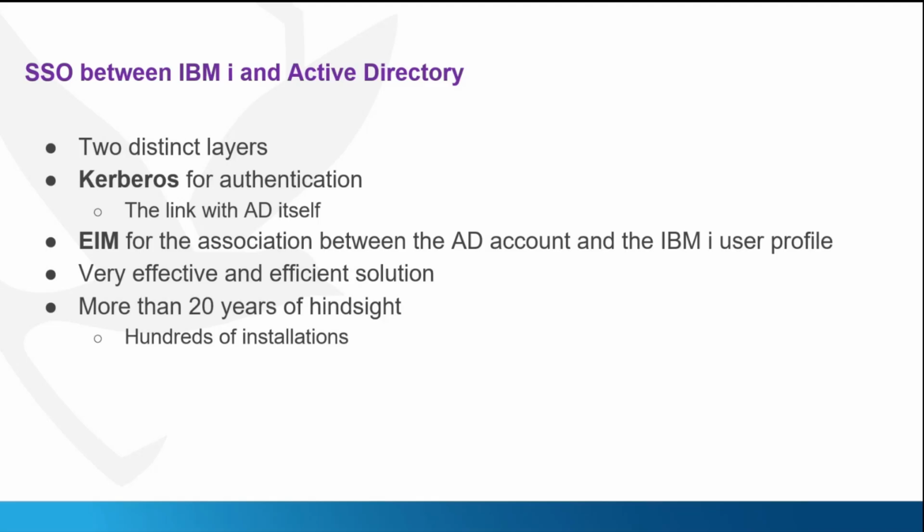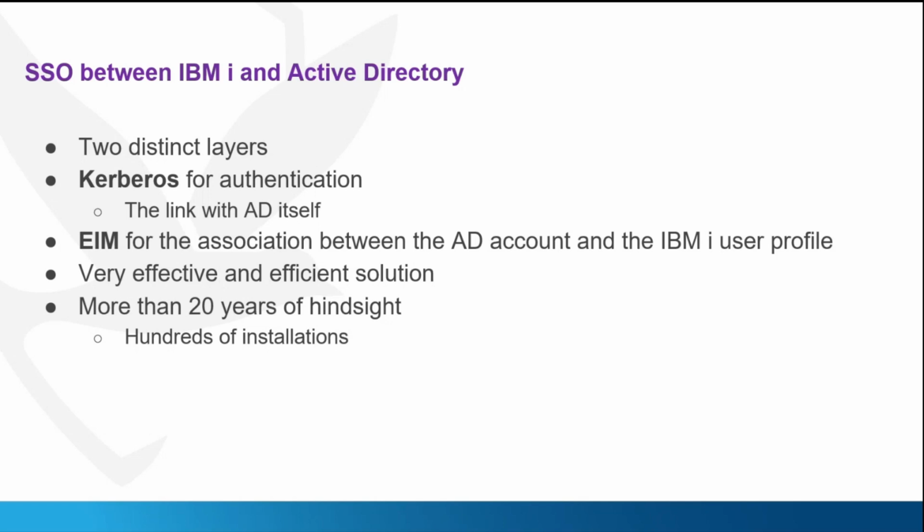There are 2 layers for single sign-on to work on the IBM i. We are going to use the Kerberos authentication protocol to link the Active Directory with the IBM i. And when we go on the IBM i, we are going to use EIM, which creates an association between your Active Directory account and your IBM i user profile.